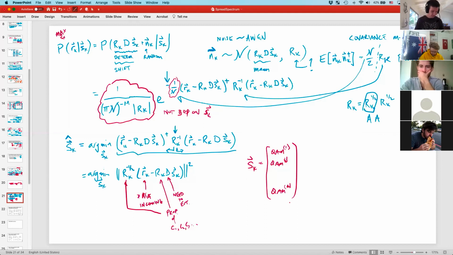And so, actually, this is a moderately challenging critical thinking exercise. How many possible SKs are there? If we're using QAM and we've got M users, what's the set that we're trying to optimize over? What's the size of it anyway?